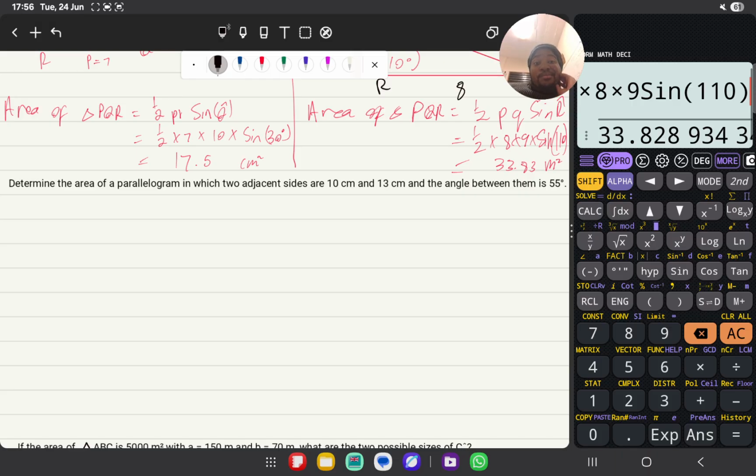Now, what is a parallelogram? A parallelogram is like a rectangle that has been pushed. Remember, in a rectangle, are all sides equal? No. Opposite sides are equal, and all angles are equal, like 90 degrees.